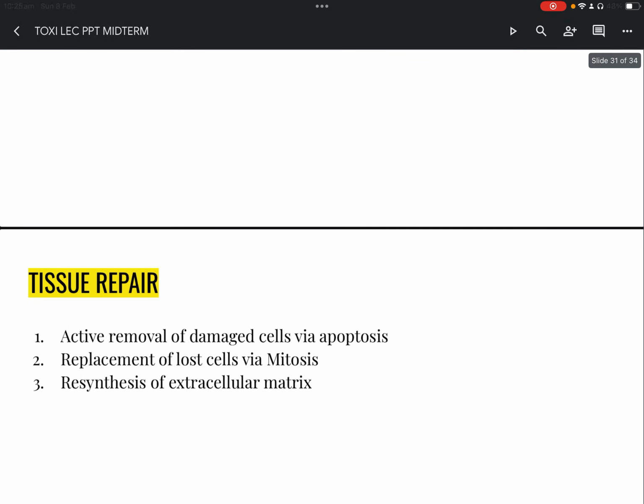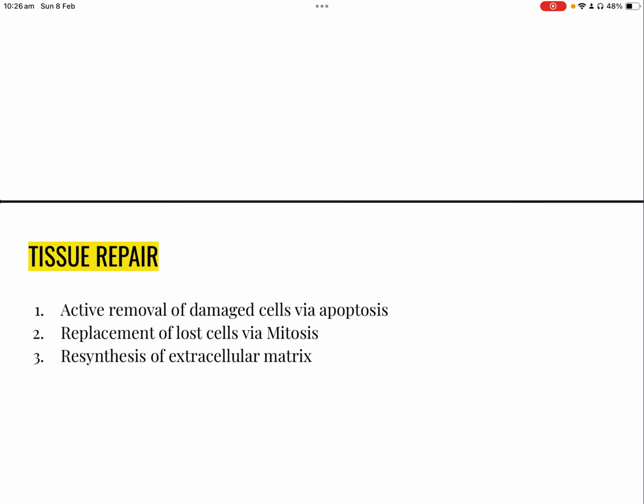Lastly, we have tissue repair. This is the active removal of damaged cells via apoptosis, and then replacement of lost cells via mitosis, so there is cell reproduction, and then resynthesis of extracellular matrix.